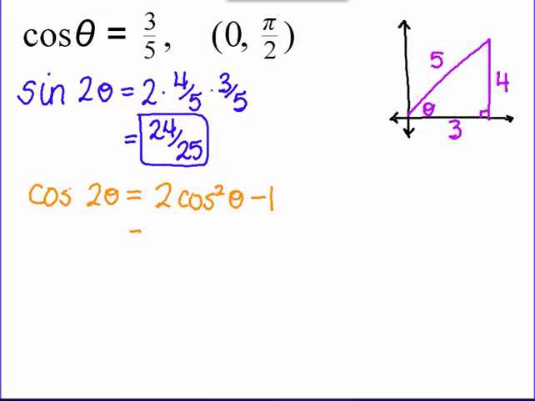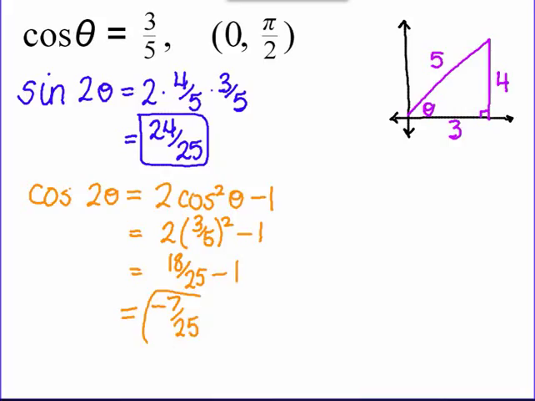Okay, so where do I put the 3/5? 2 parentheses 3/5 squared minus 1. Now 3/5 squared: I end up getting 18 25ths minus 1, which is negative 7 25ths. So there you go, that's what cosine of 2 theta equals.